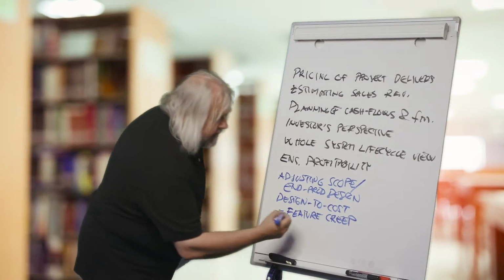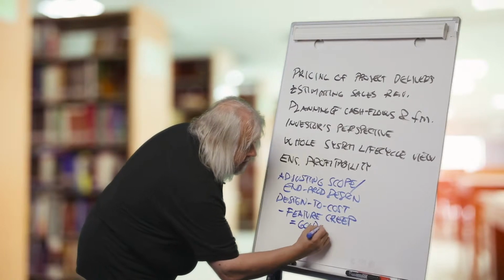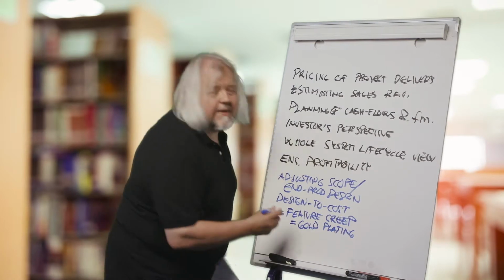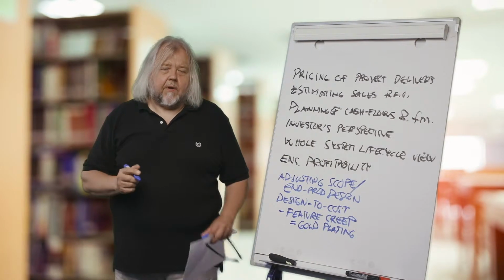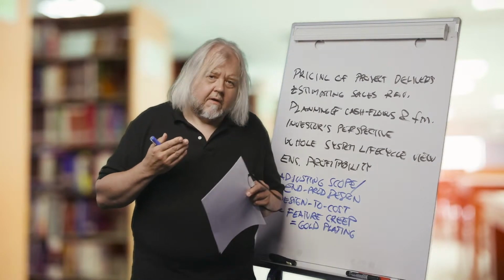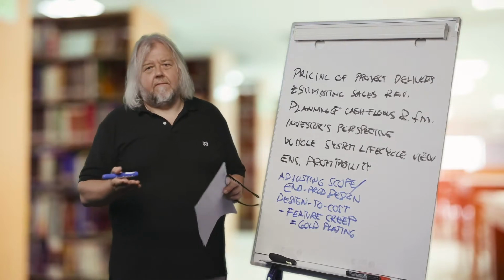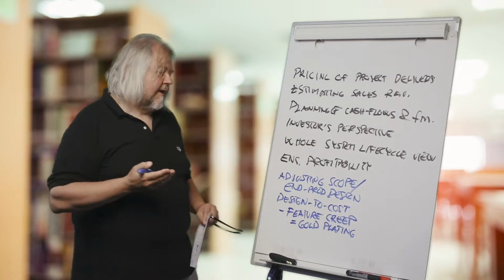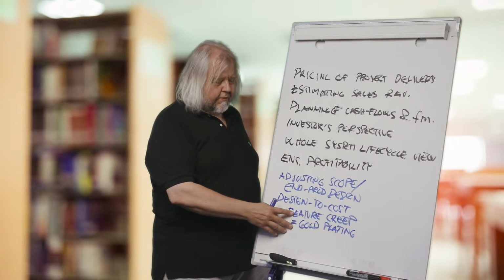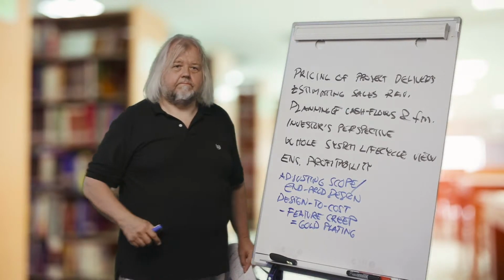And this feature creep is also called gold plating, which means that project people are ambitious, and if they get a task of doing some component part of the project, of course they want to make a perfect one, and they would do their best to have the best quality of all, and that could lead to over quality.